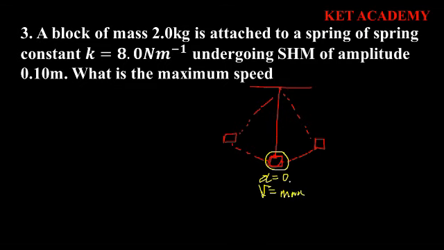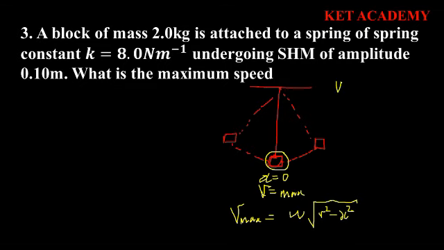So we know that for any simple harmonic motion, v is given as omega times the square root of r squared minus x squared. Clearly since x is 0, x squared will simply be 0, and the square root of r squared will give us r.